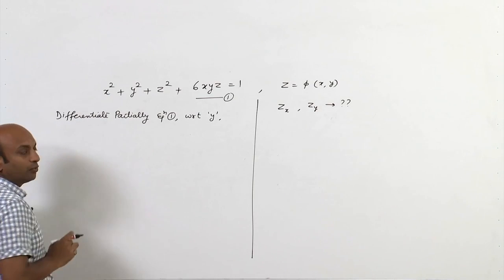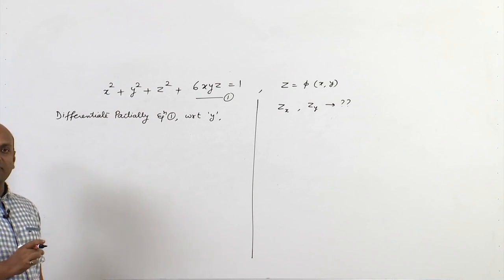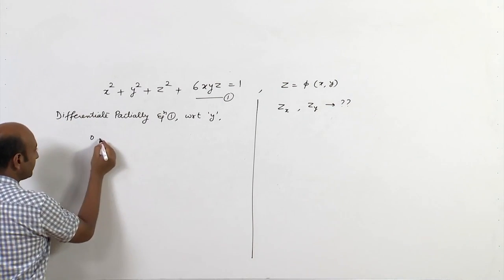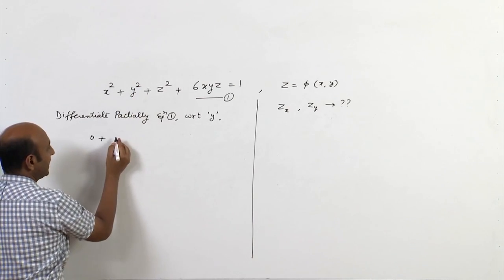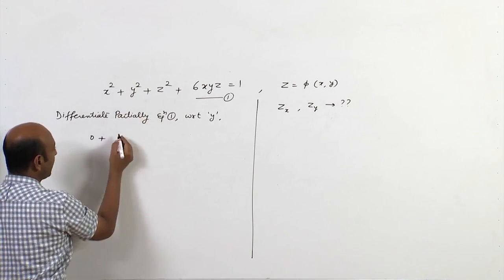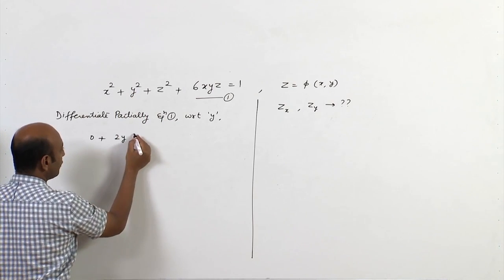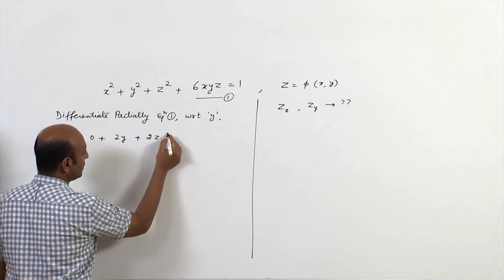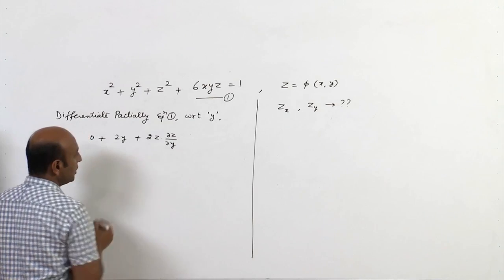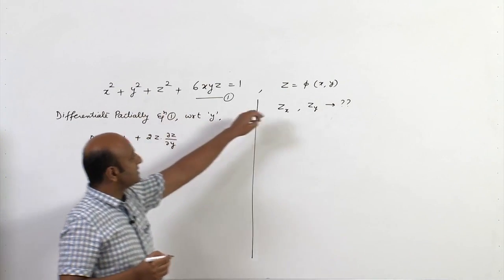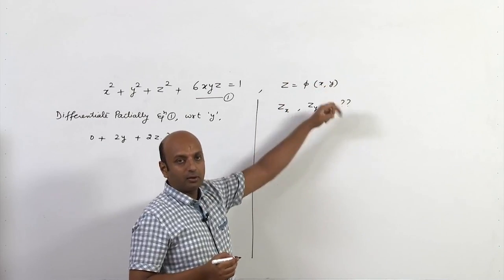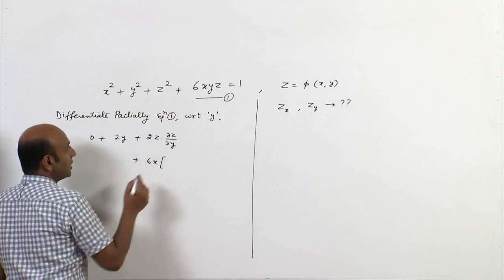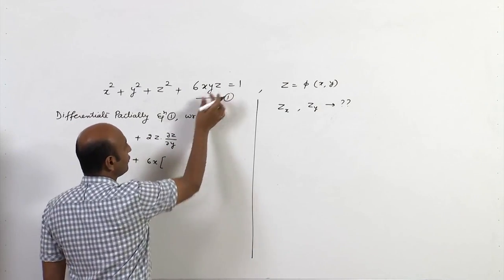Now, x is independent of y. So, the partial derivative of x with respect to y will be 0. So, this is 0 plus y square, the partial derivative of which with respect to y is 2y, plus 2z into del z upon del y, because z is a function of x and y, z depends on y, plus now 6x you can take common, now y into z, and both are functions of y.